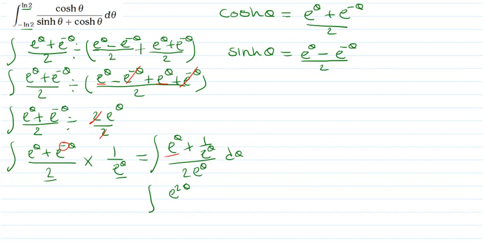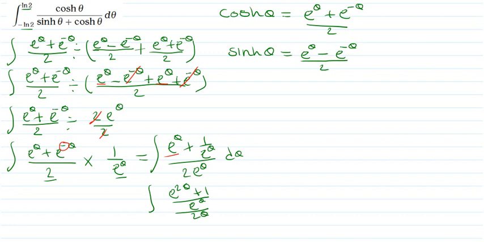Since what we have is e to the power theta multiplied by e to the power theta, the base is the same, so we add the powers. This will give us e to the power 2 theta. So we can say it's e to the power 2 theta plus 1, then everything over e to the power theta over 2 e to the power theta.